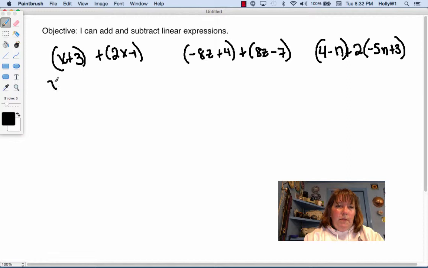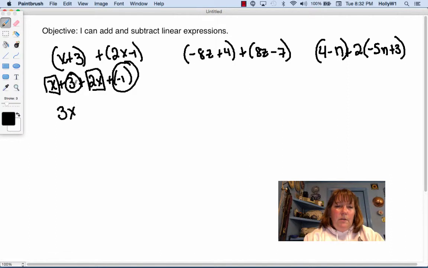So this way we're going to say x plus 3 plus 2x plus a negative 1. Rewrite them with adding the opposites. We're going to gather like terms. So here we've got an x, and we have a 2x, we have a 3, and we have a negative 1. x plus 2x is 3x. 3 plus a negative 1 is 2. So that is 3x plus 2.